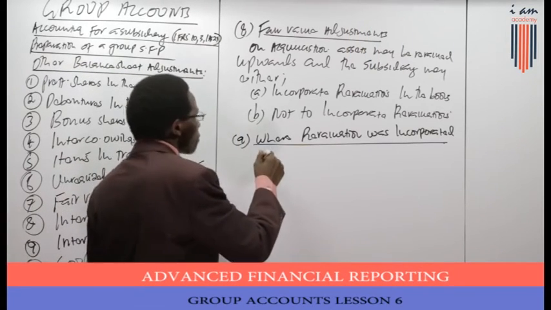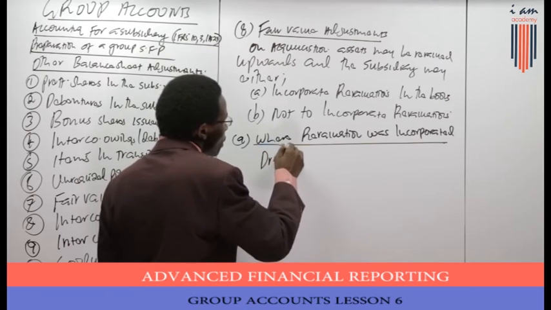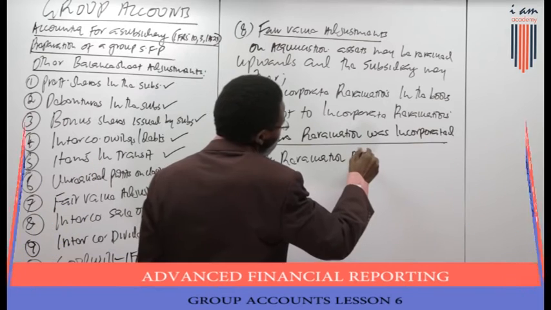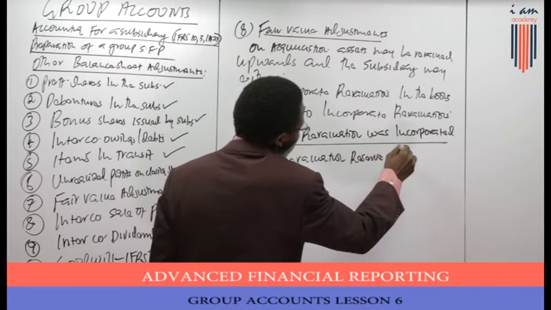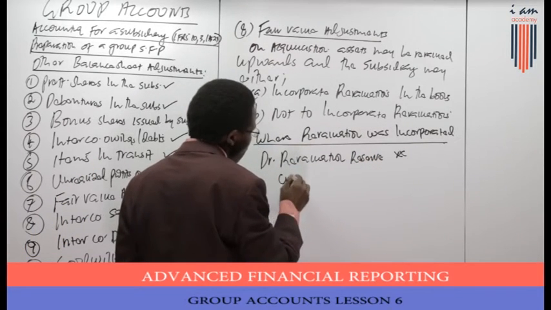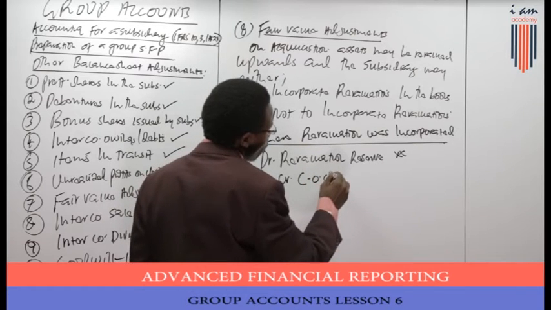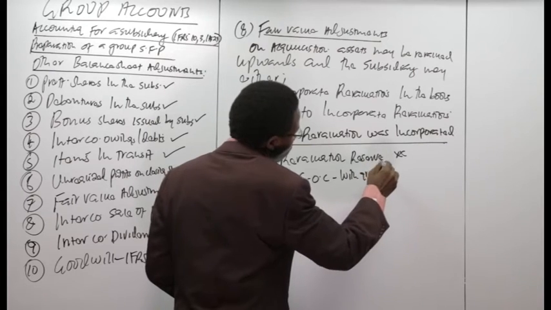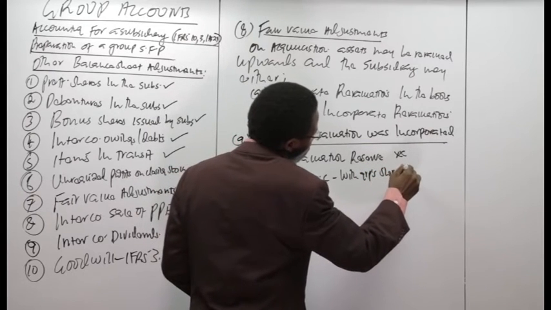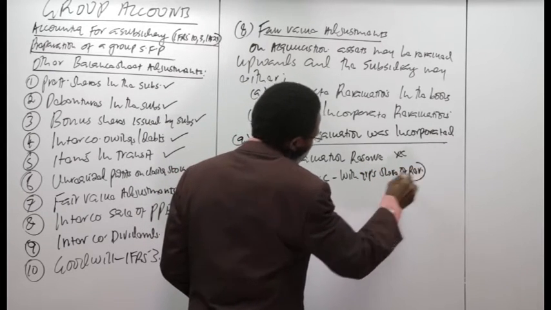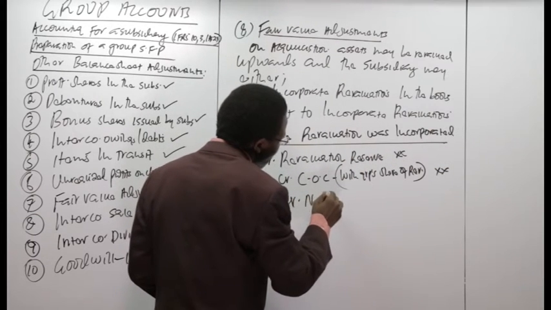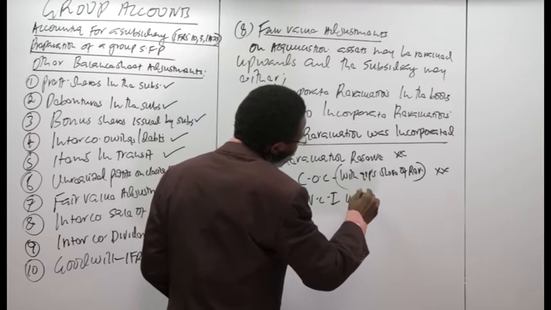You simply debit the revaluation reserve, then you credit the cost of control with the group share. You also credit the NCI with the NCI share.